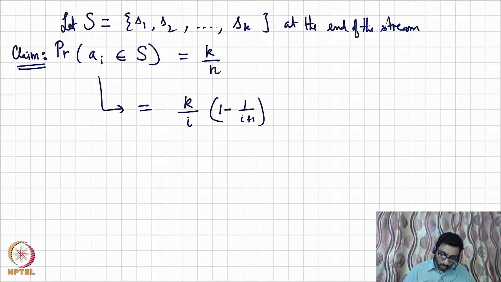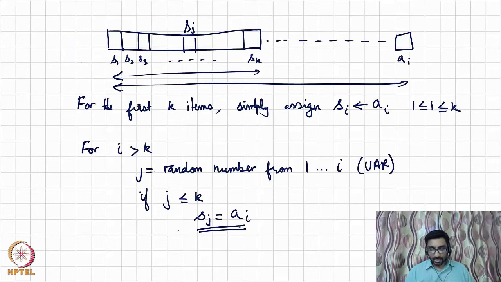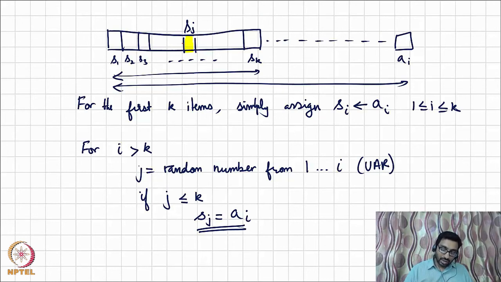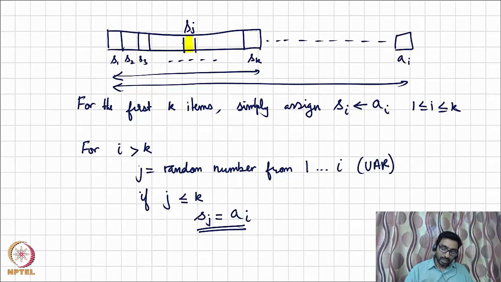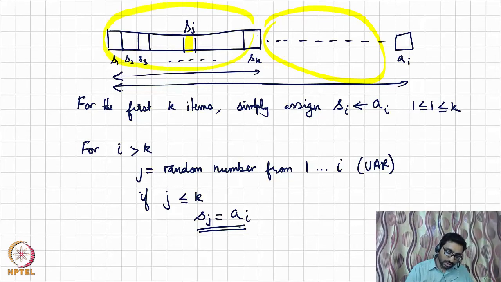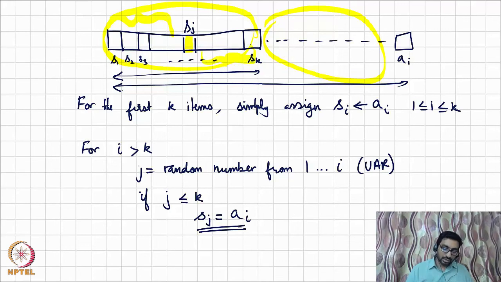So let me go back to the picture to explain exactly why this happens. Let us assume that the ith item gets placed in this cell Sj. Now the i plus 1th item will also generate a random number. If it generates the random number anywhere here, no problem. If it falls anywhere in this region, that's okay. If it falls anywhere in this region, that's okay.